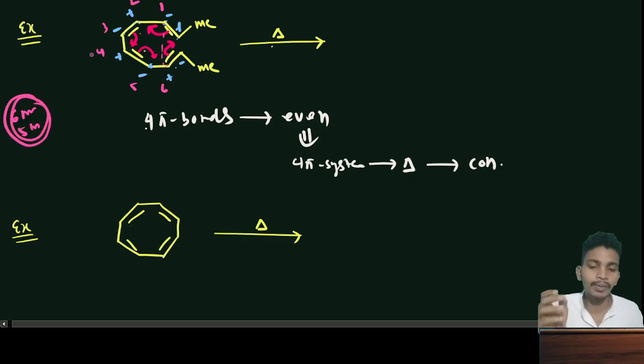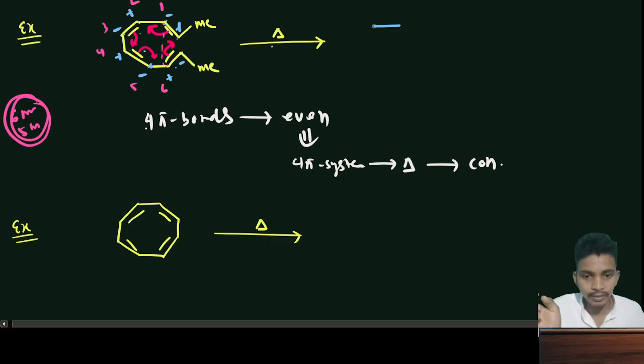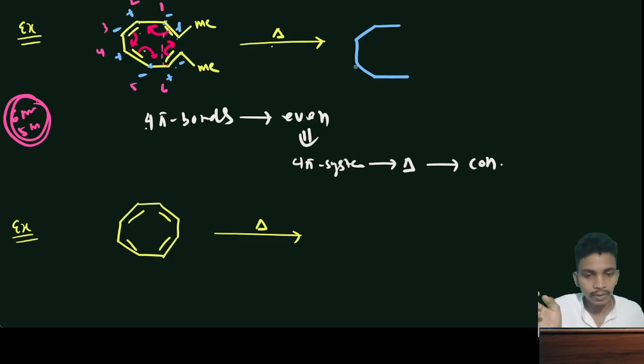So always try to make 6-membered or 5-membered rings. If we make a 6-membered ring from here, then what will it form? We will make the 6-membered ring here, this one, this one, this one, like this one. Here I am making the bond between this negative charge and this positive charge.